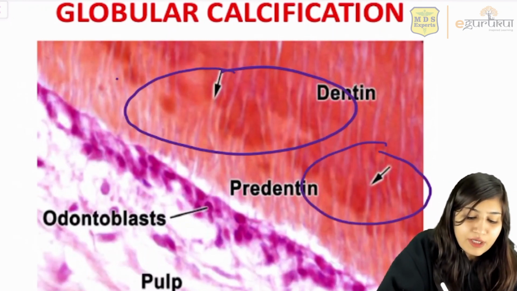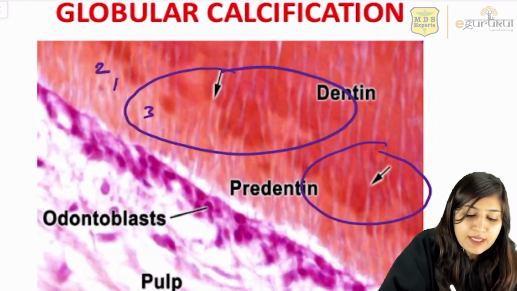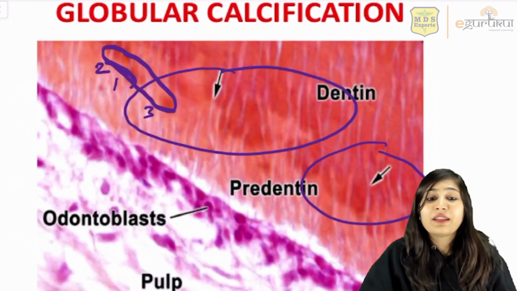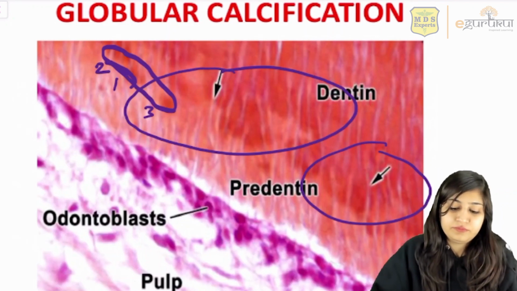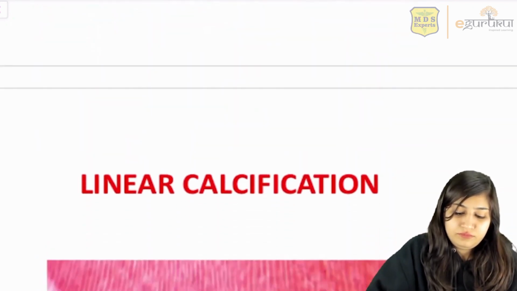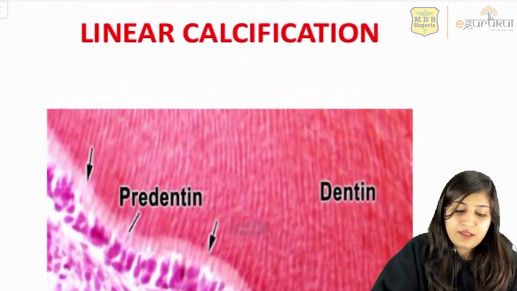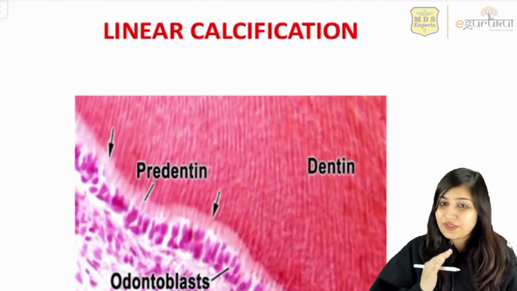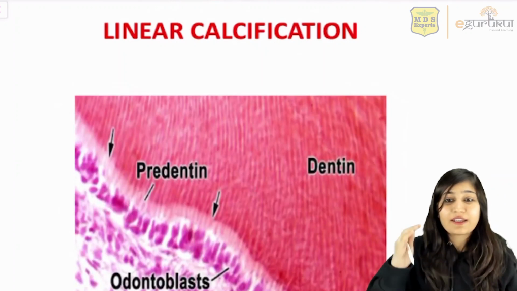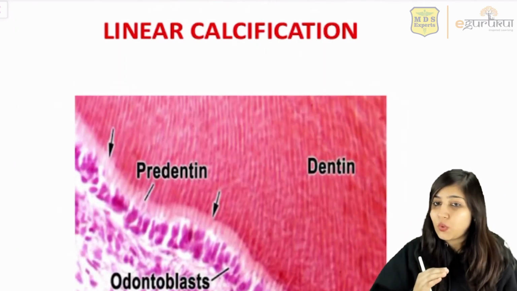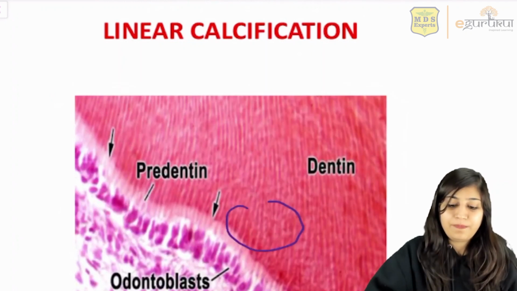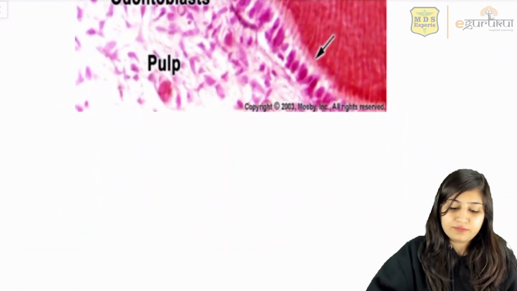Here you can see 1, 2, 3 globules, and these globules will fuse together and form dentin. Then this is linear calcification. If deposition of dentin is slow, not fast, in that case, linear deposition, linear calcification.